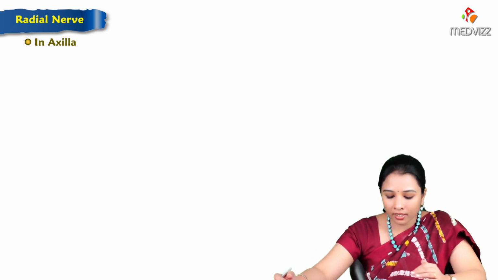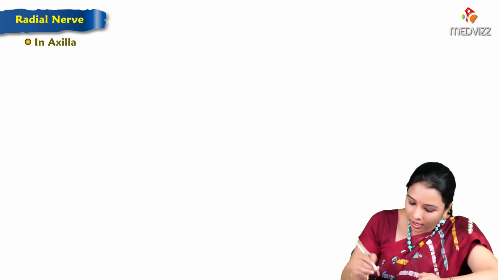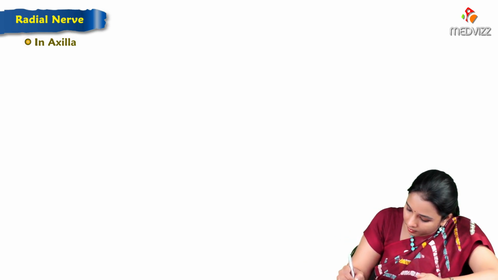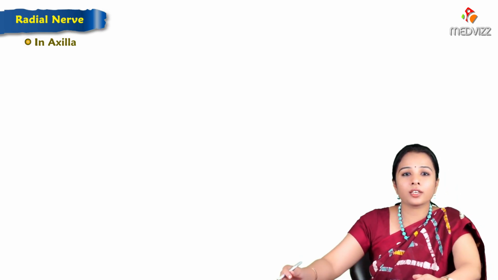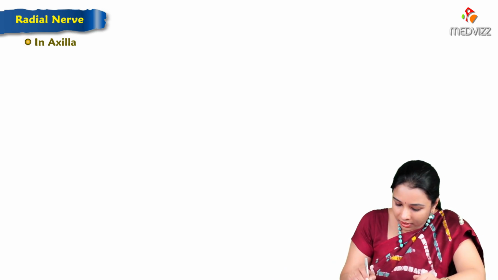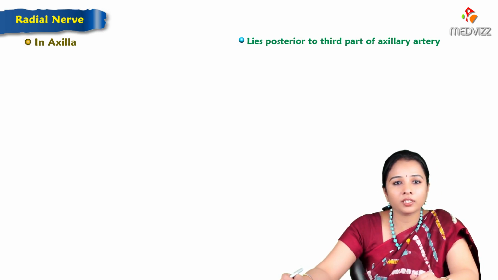In the axilla, the radial nerve is related to the axillary artery. This is the axillary artery, and the radial nerve is here, which lies posterior to the third part of the axillary artery.